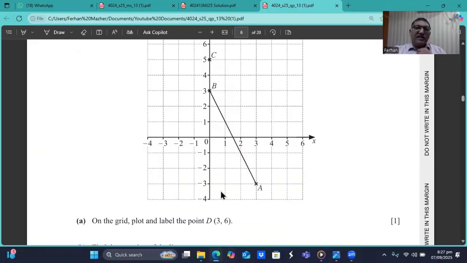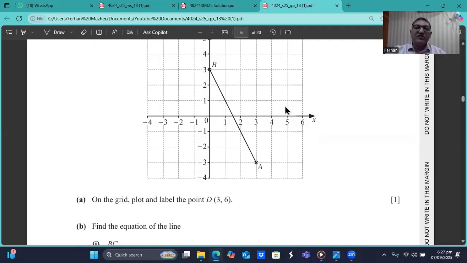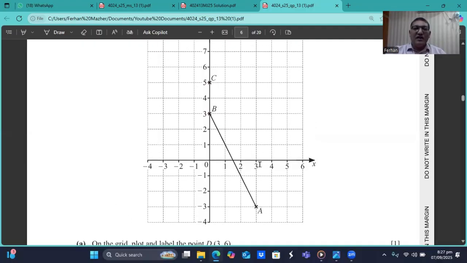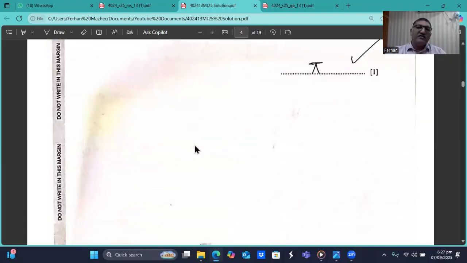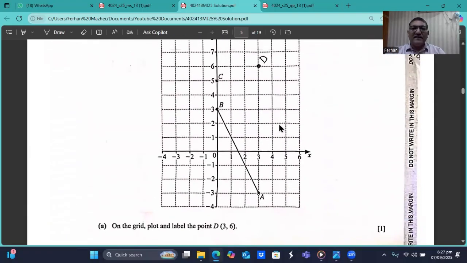The question is to plot on the grid and label the point D, which is 3, 6. So put a dot here. That will be the point D. Very simple, straightforward question. You can see here we have plotted the point D, whose coordinates are 3, 6.